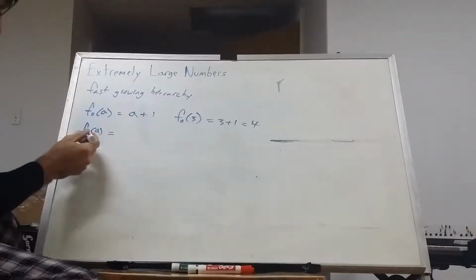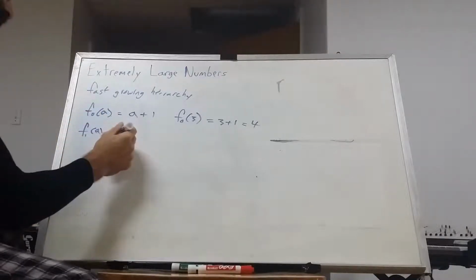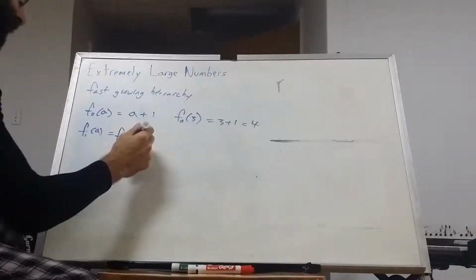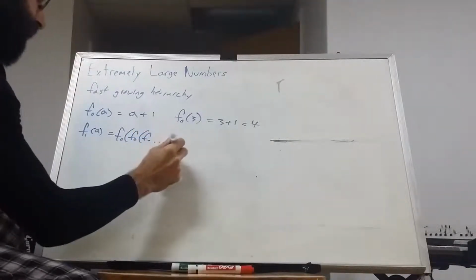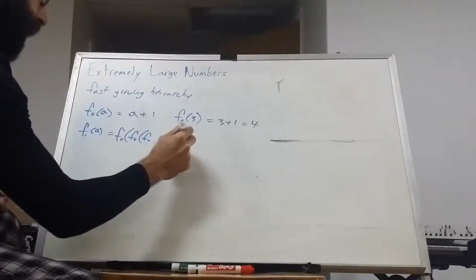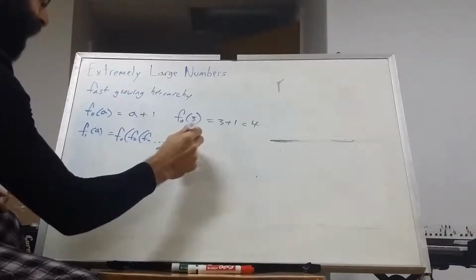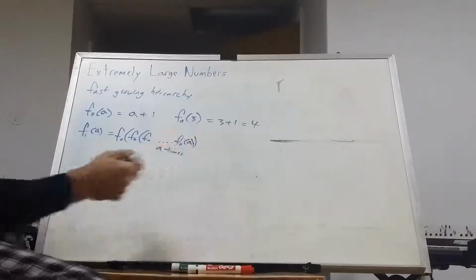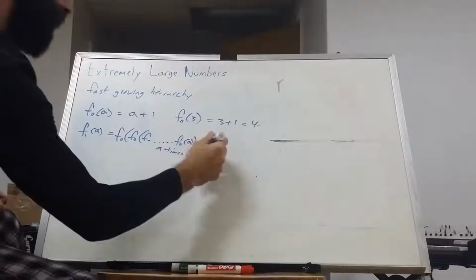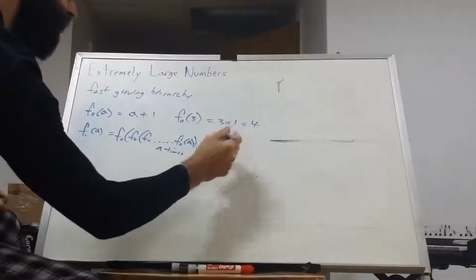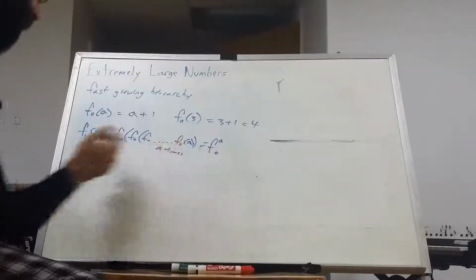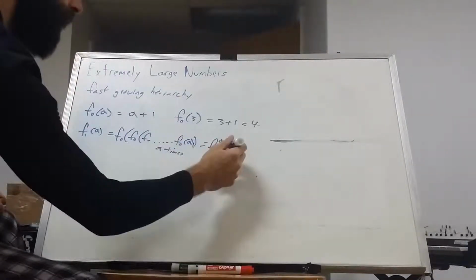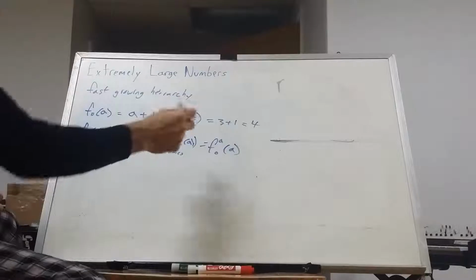So we take this number minus 1, so f0 of f0 of f0, and so on, a times, of f0 of a. So that's what that is. Another way to note this too is you can put a little a up here. So this means a copies of the previous f function, which in this case is 0 because 1 minus 1 is 0, of a. That's another way of writing it.